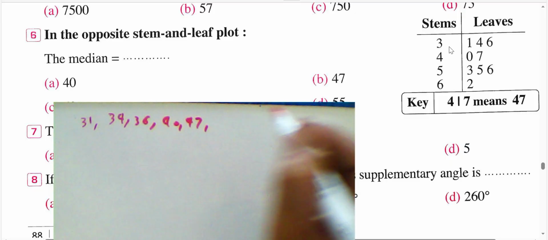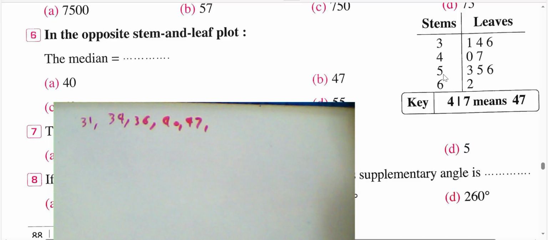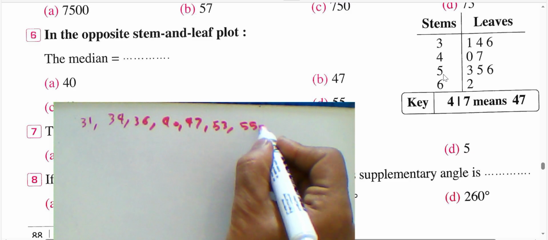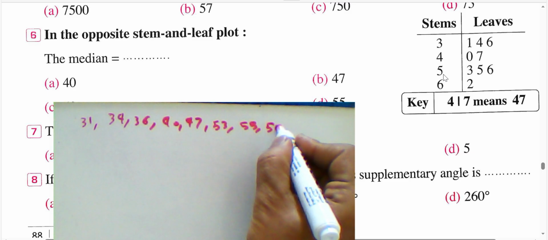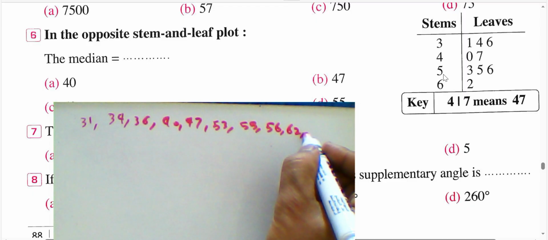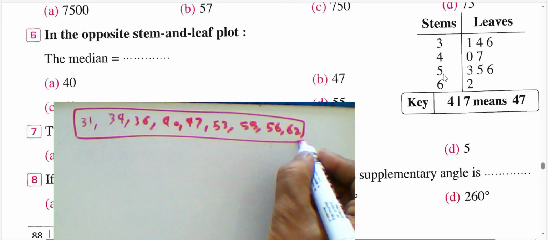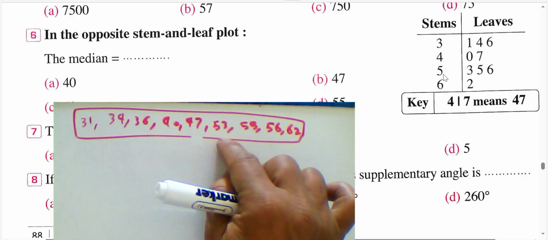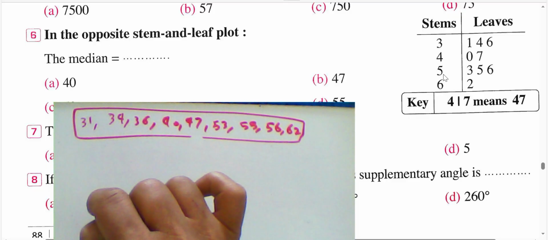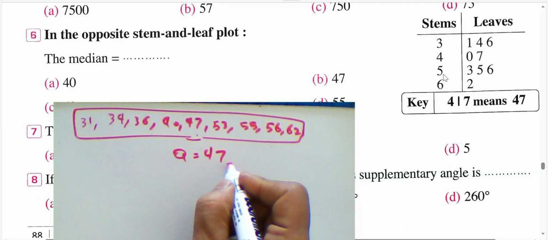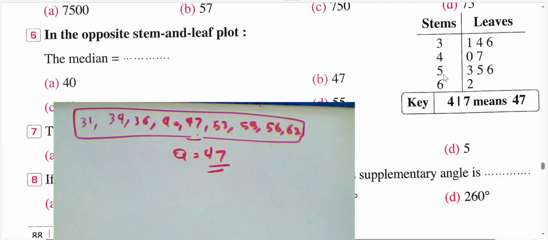Look here, it says stem and the leaves: 5 and 3, 53, 55, 56, and then 62, the last one. Okay, we can find the median. The number that lies in the middle. Count with me: 1 2 3 4, 1 2 3 4. Then 47, we call it the median. The median will be 47. Choose letter B about question number 6.